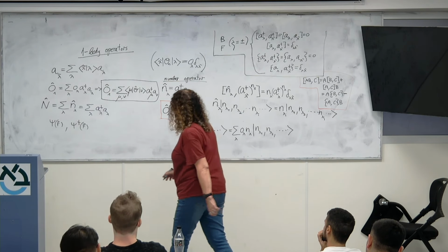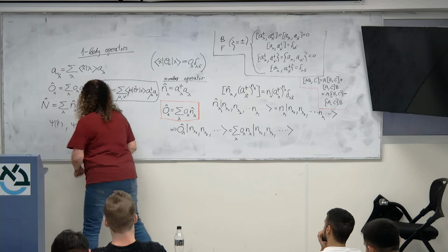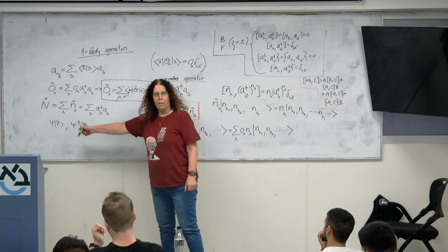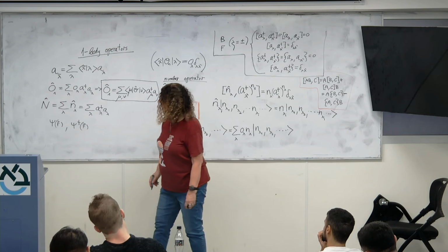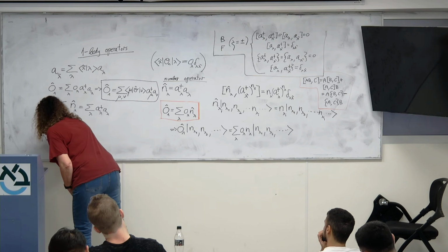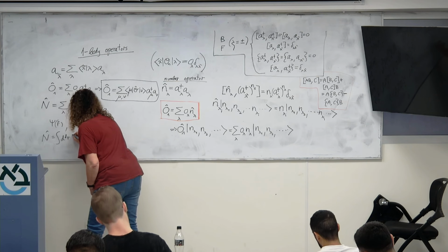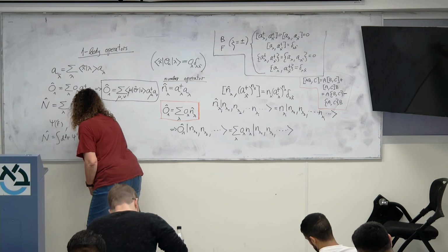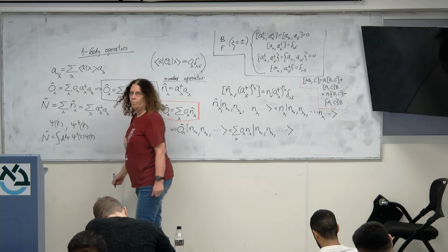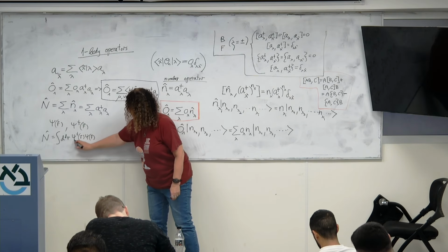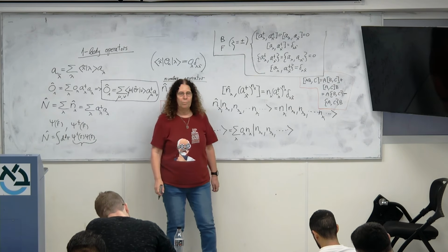Exactly. So if you want to write an expression for n in the basis R, it will be an integral over R of psi dagger of R psi of R, right? But what is then the physical significance of this expression?